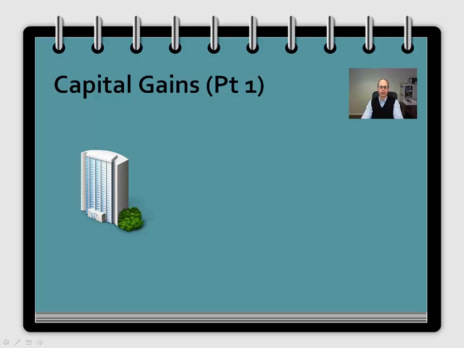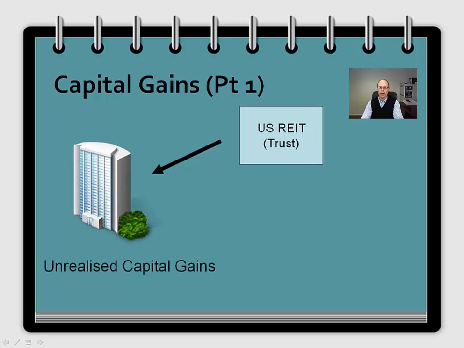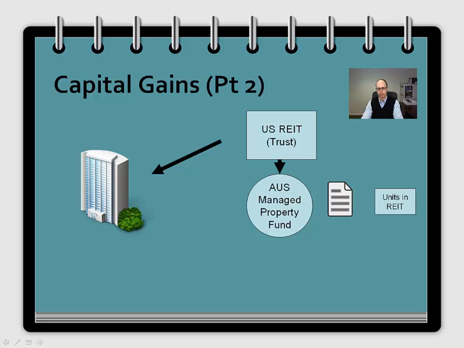In regards to the capital gains, well, let's start with part 1. Remember that the US assets are owned by the US Trust, which is controlled out of Australia. Then, as the value of that US property goes up, so too does the value of the US REIT.